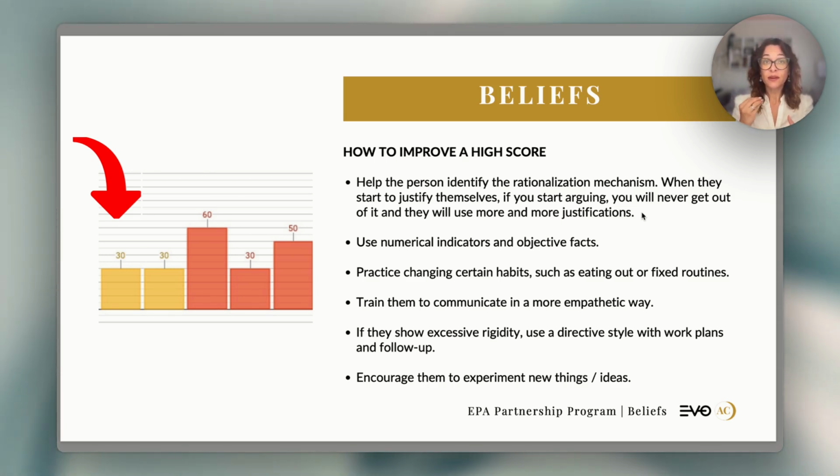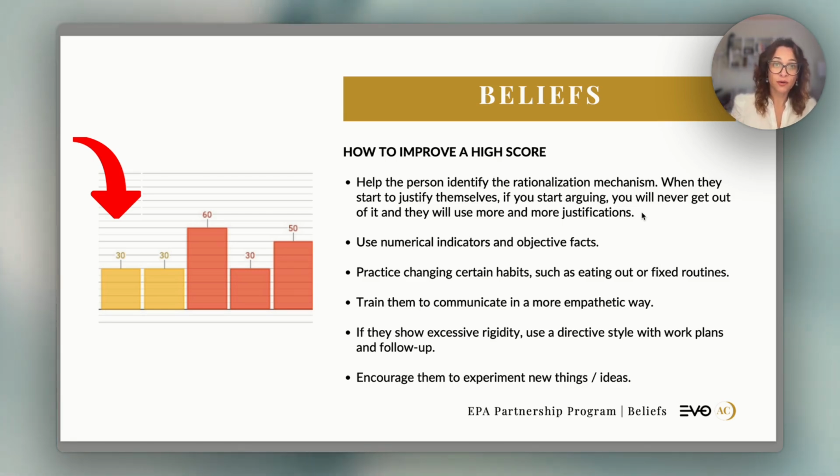And if you start arguing with them on that level, it will just bring you nowhere. It will drain your energy and you will not change their mind in any case. So avoid all sorts of logical confrontations with them. But you want to help them identify that this is their escape route. This is where they go.